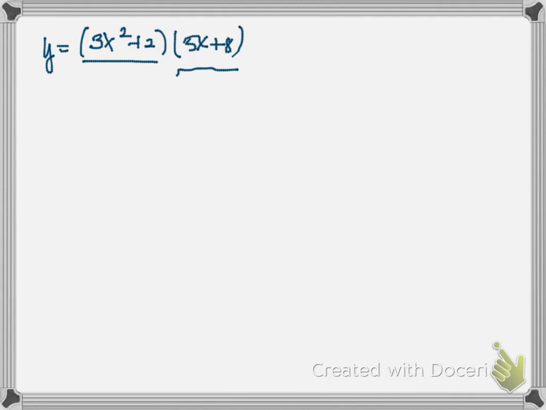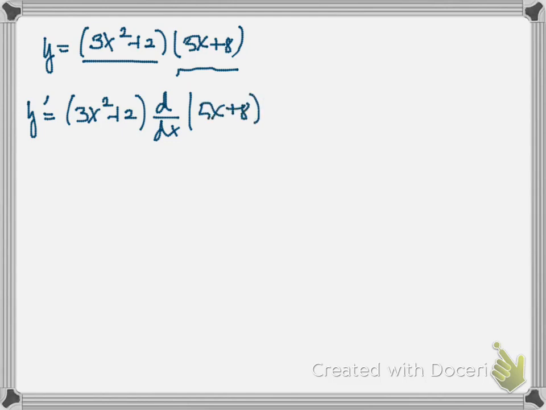Using the first notation that I wrote out, y prime equals the first term times the derivative of the second term plus the second term times the derivative of the first term.